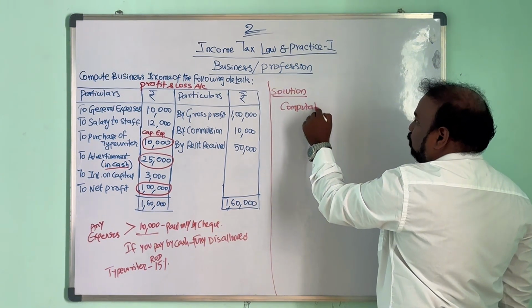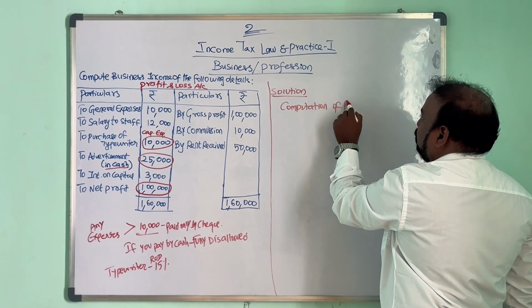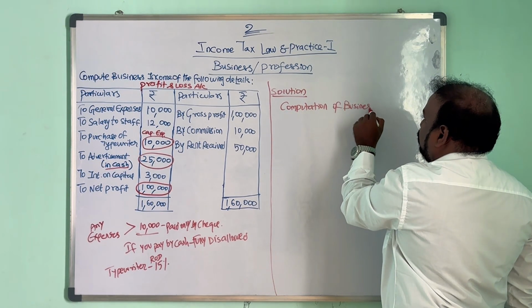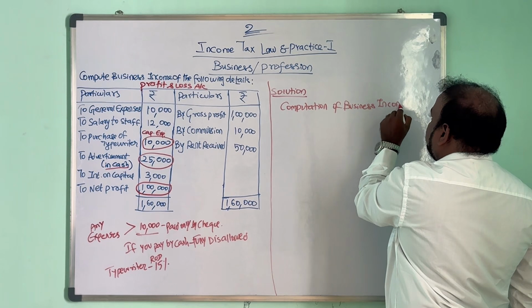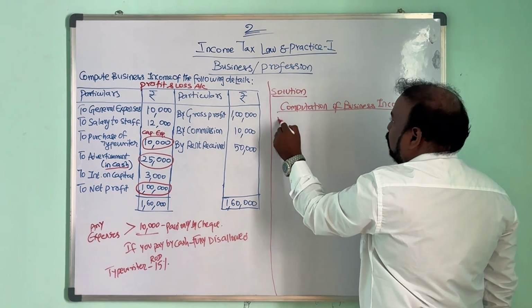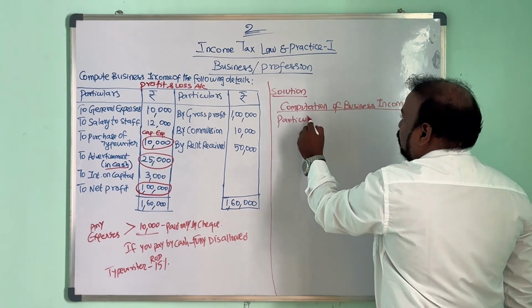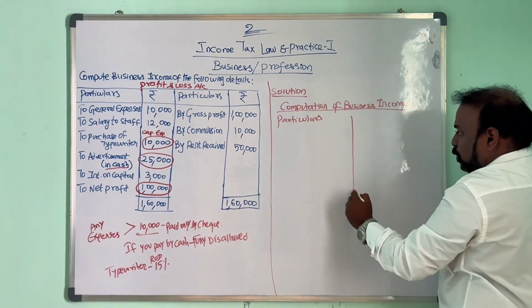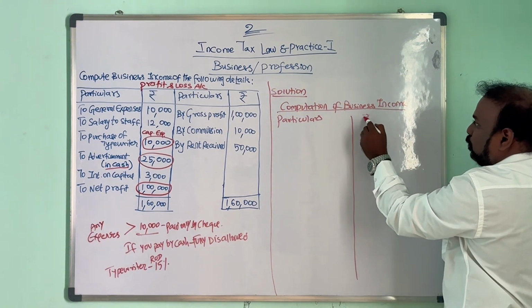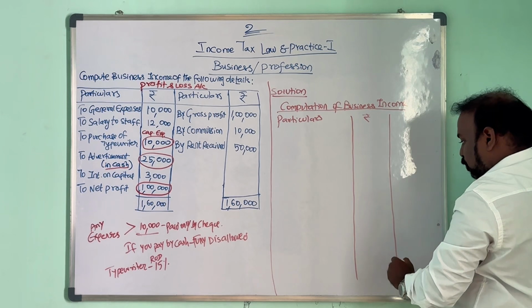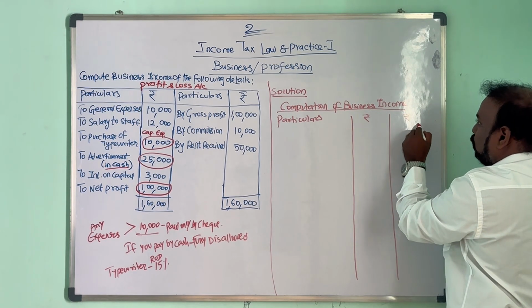Computation of business income. Draw 3 columns: particulars, inner column that is amount, and outer column that is also amount.